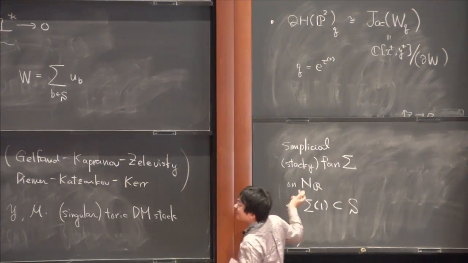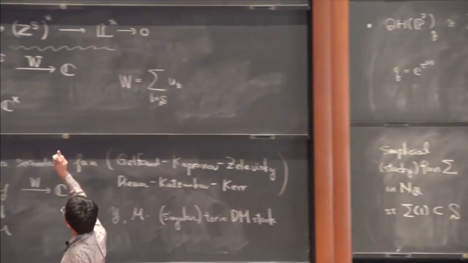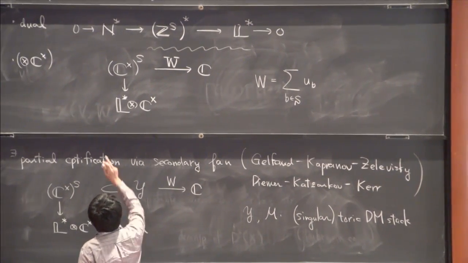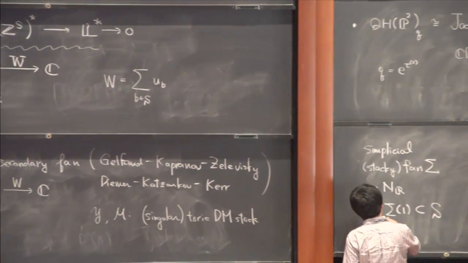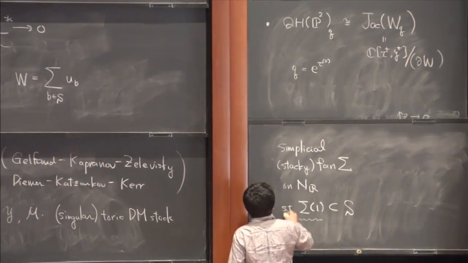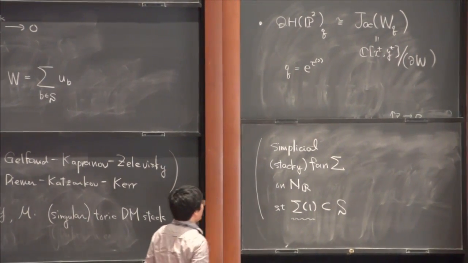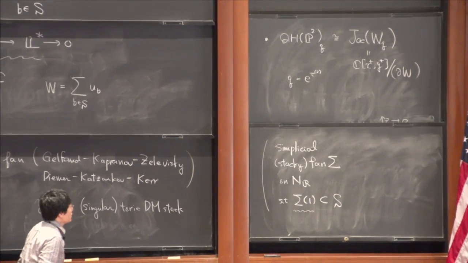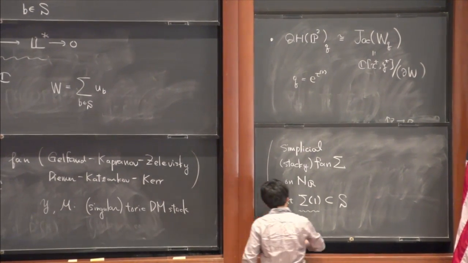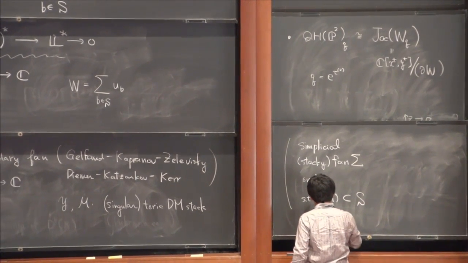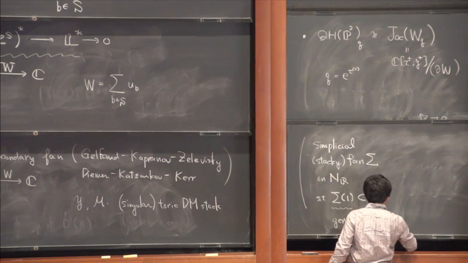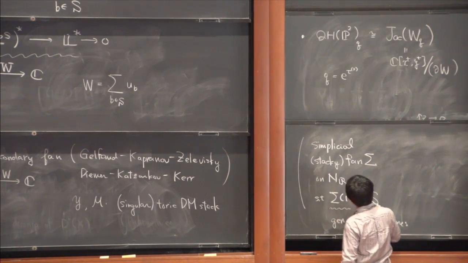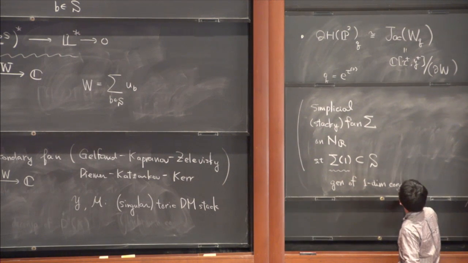I don't recall the definition, but it is a fan in N together with the choice of generators of one-dimensional cones, which are specified in this context.